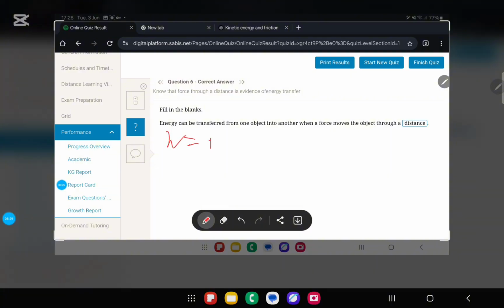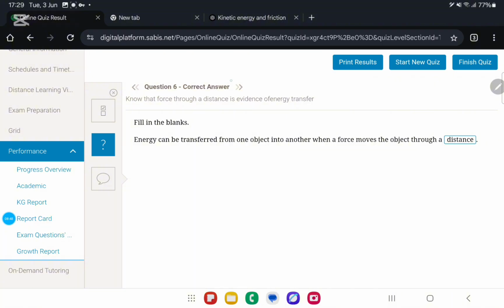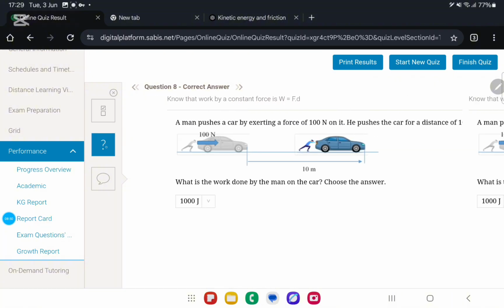Work equals force times distance. Work is like energy transferred. You've got two objects, you multiply the force by the distance, that's the energy transferred, and that's work.